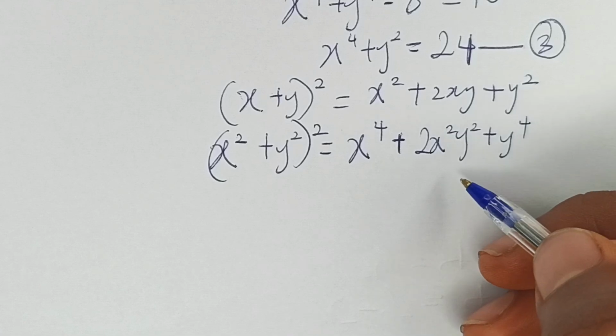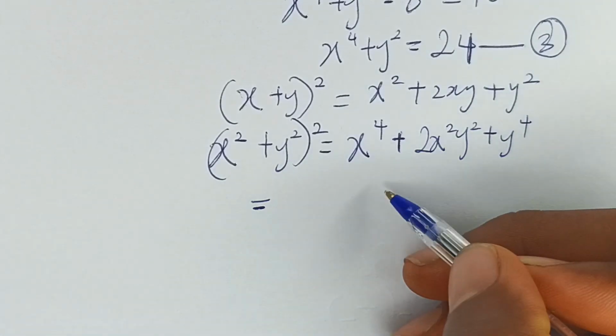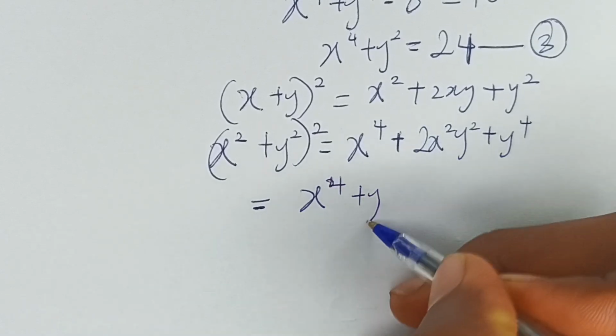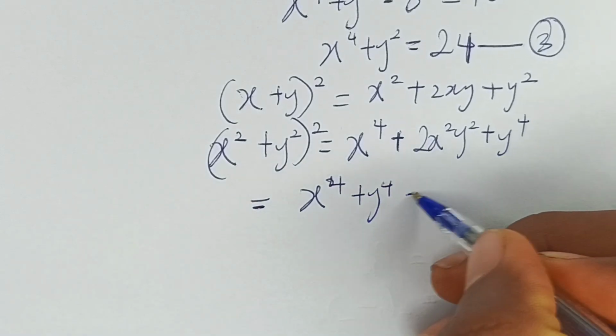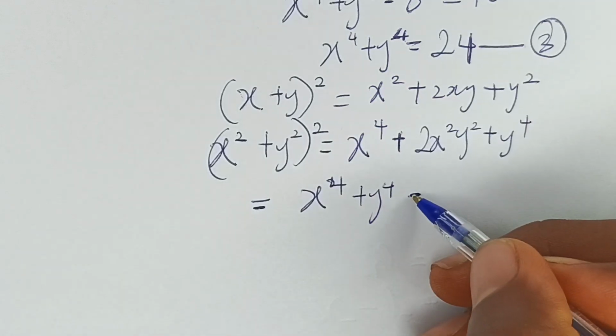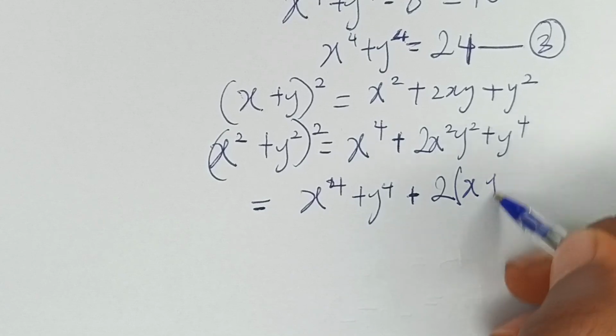Alright, and this becomes equal to x raised to the power 4 plus y raised to the power 4 plus 2 into xy, all raised to the power 2.